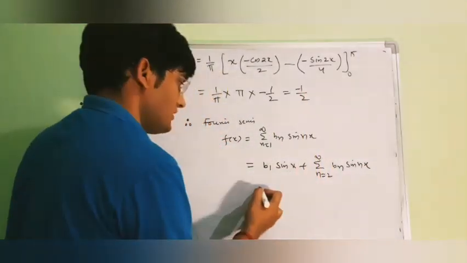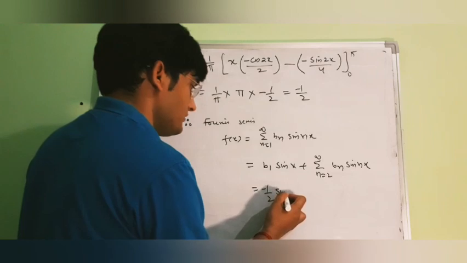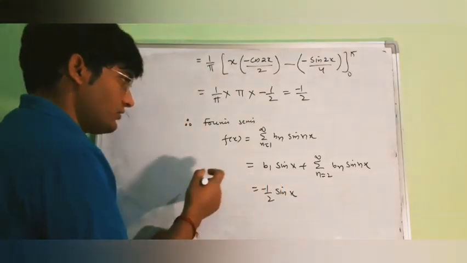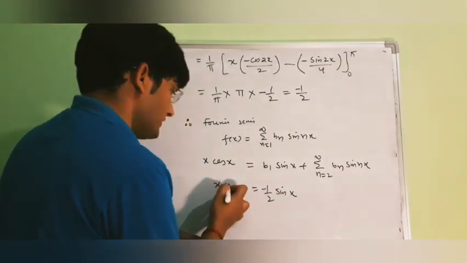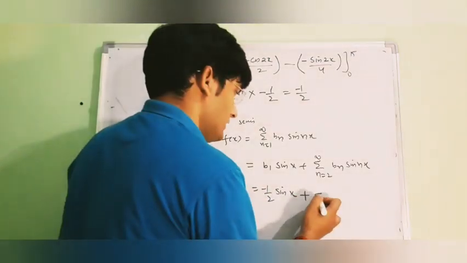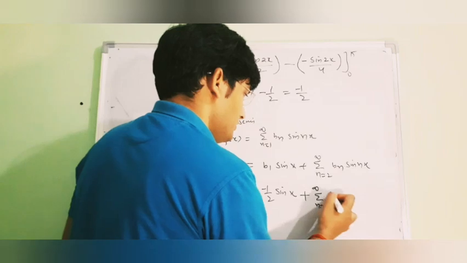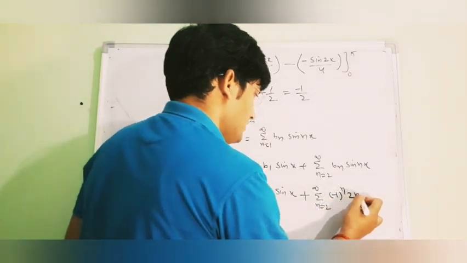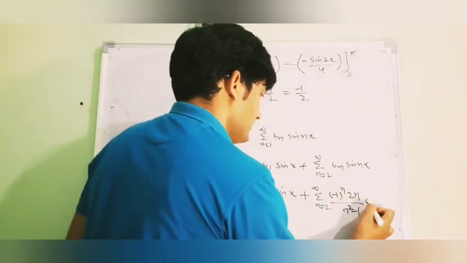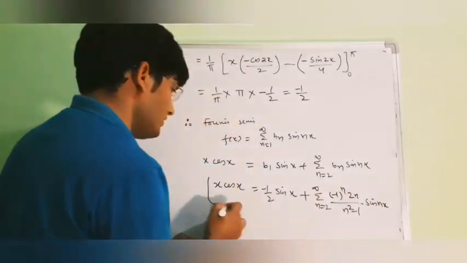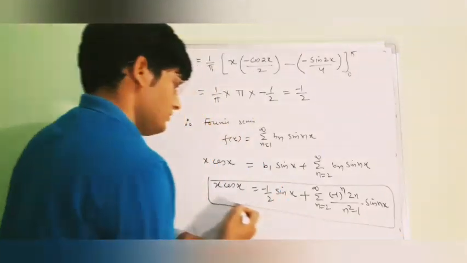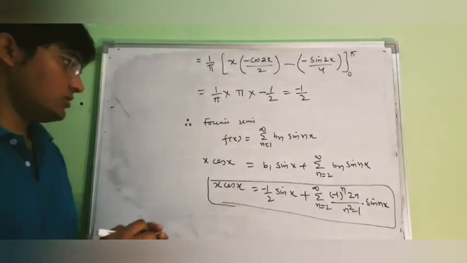Now b1 is minus half, so this will be minus half sin x, and on the left hand side we have x cos x. So x cos x is equal to minus half sin x plus the sum from n equal to 2 to infinity of minus 1 to power n into 2n upon n squared minus 1 sin nx. So this is the half range Fourier sine series for x into cos x.